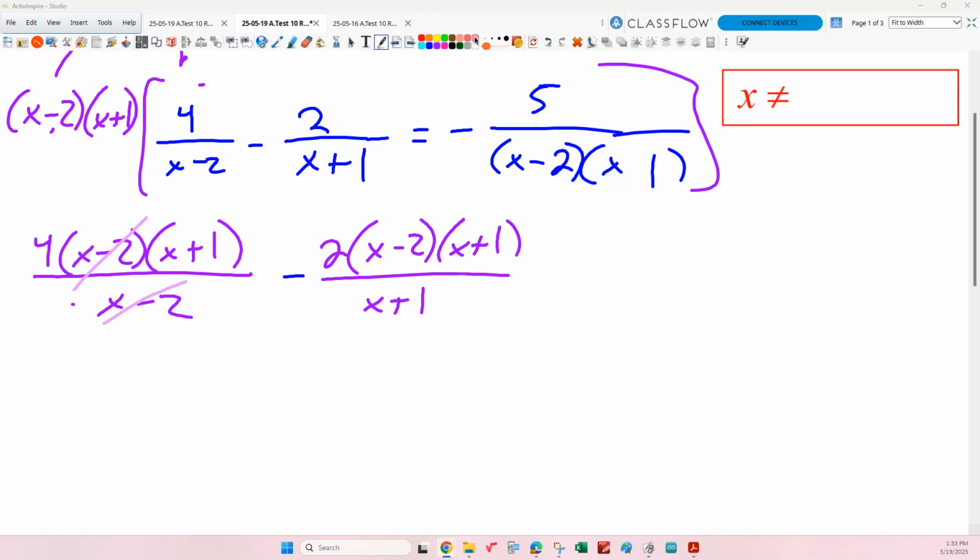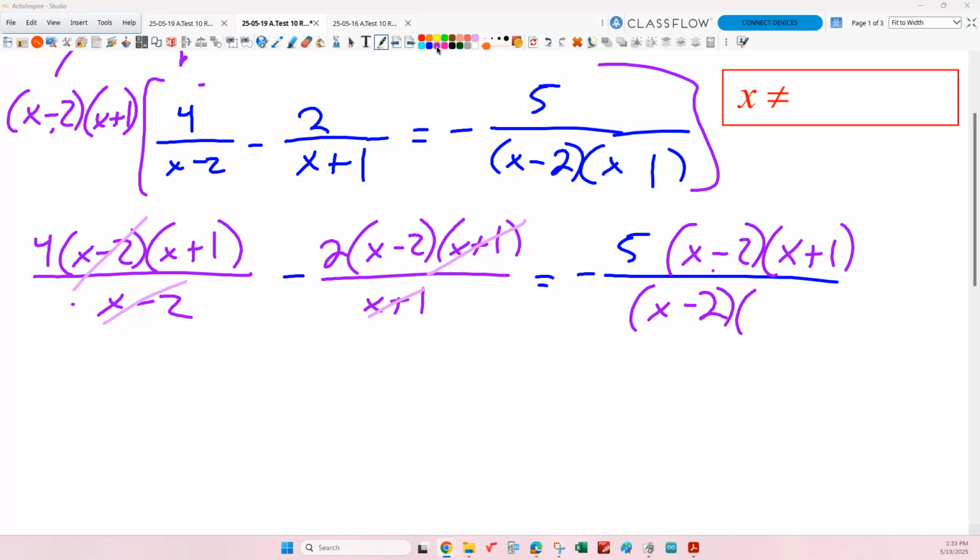Okay. Equals negative 5 times (x minus 2)(x plus 1) over (x minus 2)(x plus 1). What cancels?